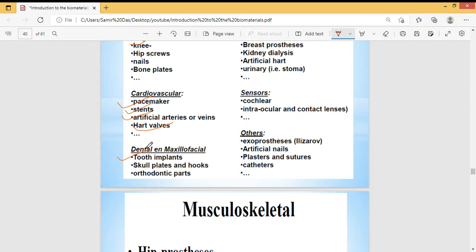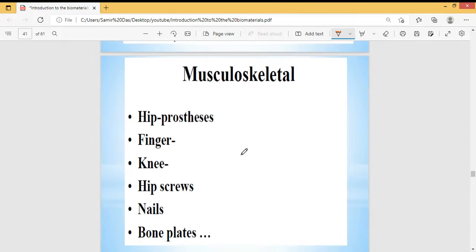Also we go for dental fixtures. Also the skull plates, hooks, orthopedic parts are parts of the dental implants as well. And the others are like artificial nails, as well as some plaster and statues and catheters where we use biomaterials.